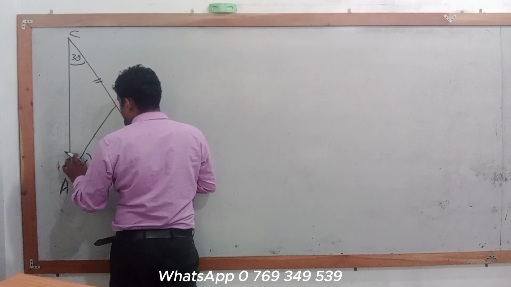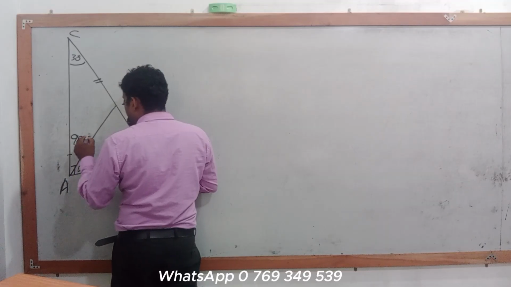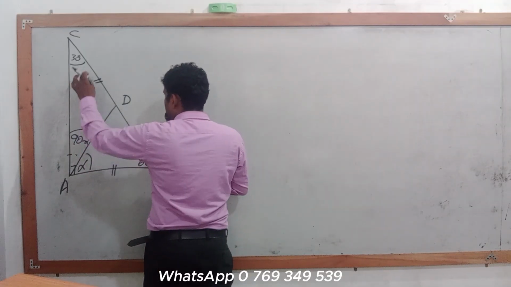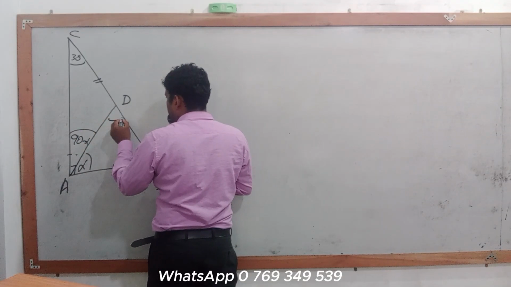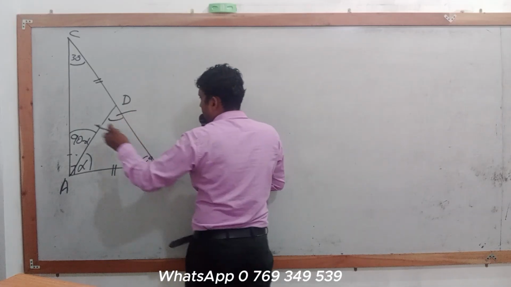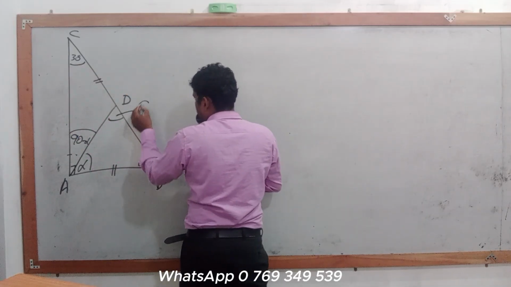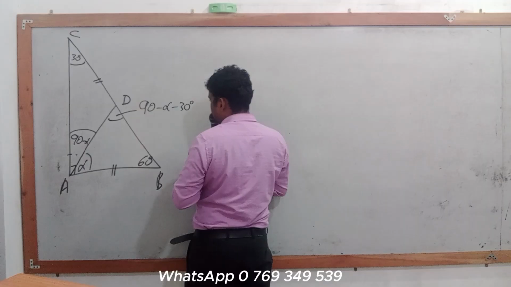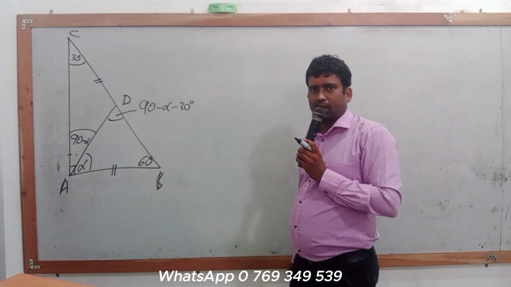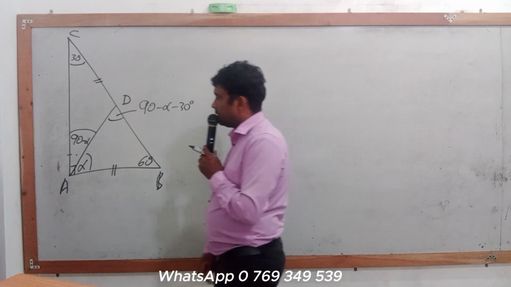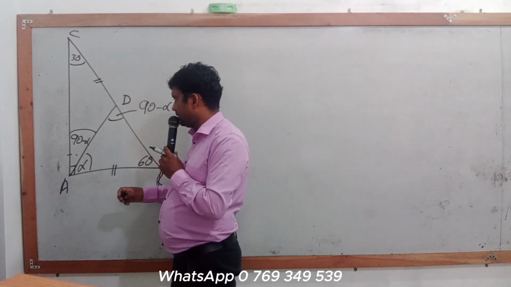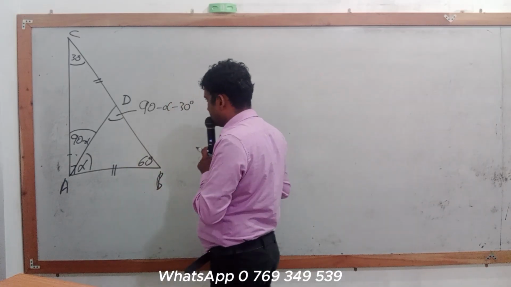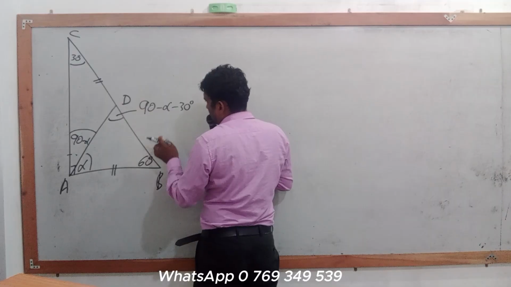What about this angle? 90 minus alpha minus 30. This is 90 minus alpha, and we can say this one also. Very easy. That is okay.